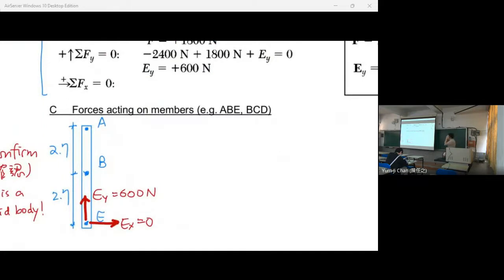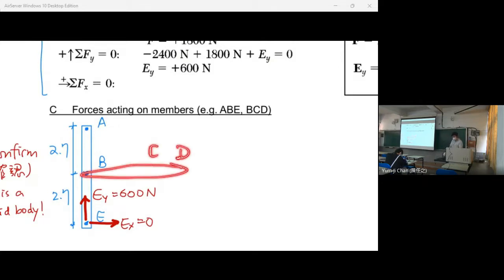Now for this member, there are other members connected to node B, for example, at joint B. So it has forces acting on joint B. And these are pin joints because we have BCD, right?